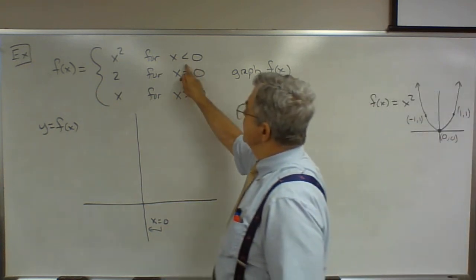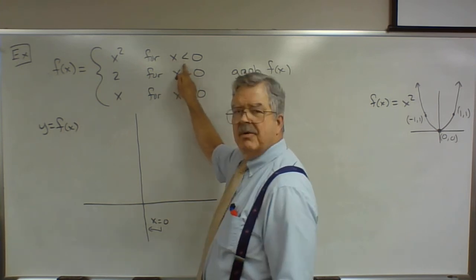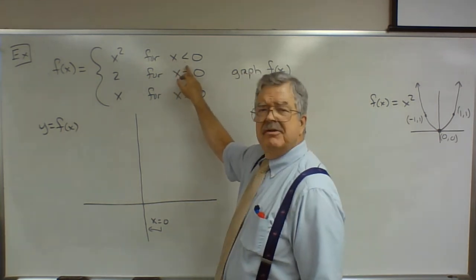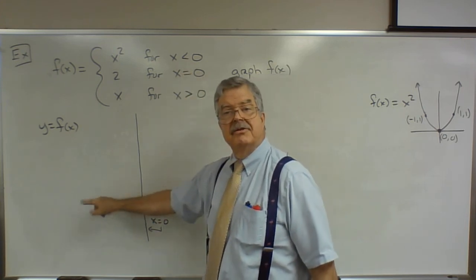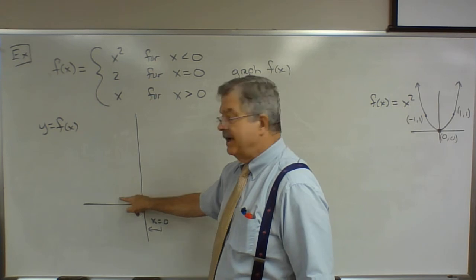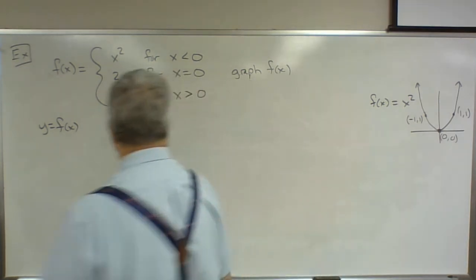And for x less than 0, where is x less than 0? Or said another way, where is x negative? x is negative over here, isn't it? x is negative to the left of the y-axis.